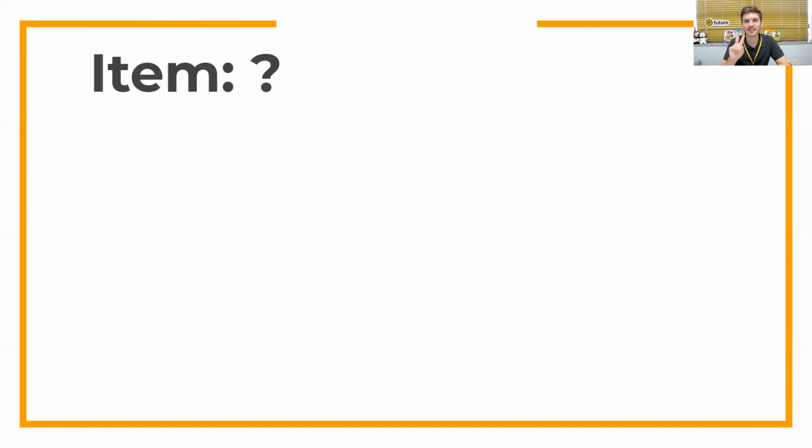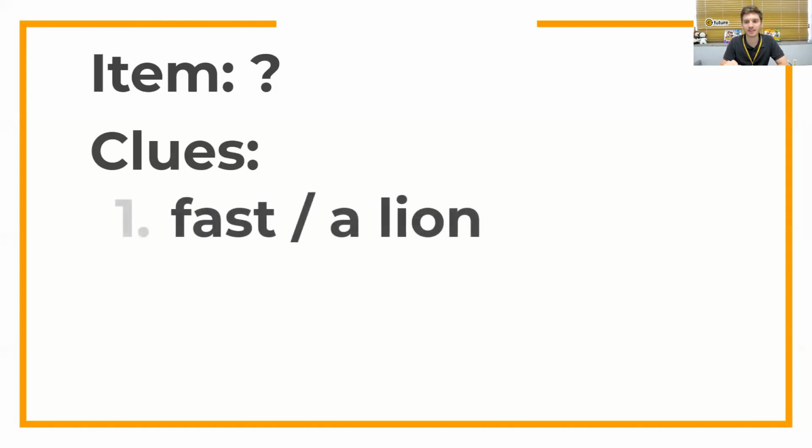Next one, second item. Three clues. First clue, it's faster than a lion. Okay, and all of the clues should sort of be part of the same category, right? The same subgroup.